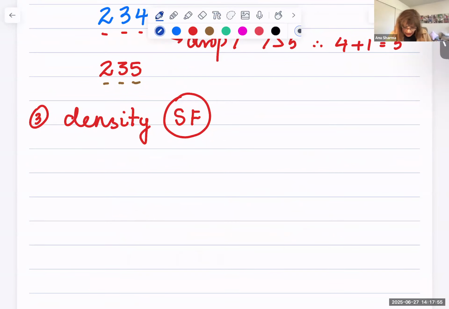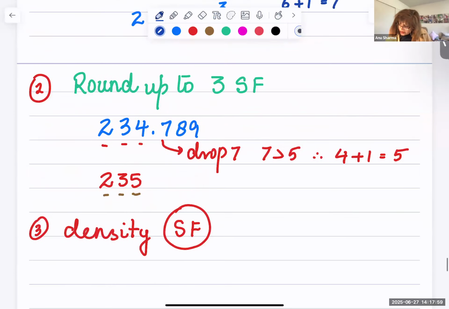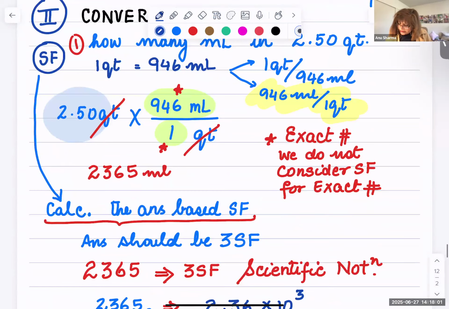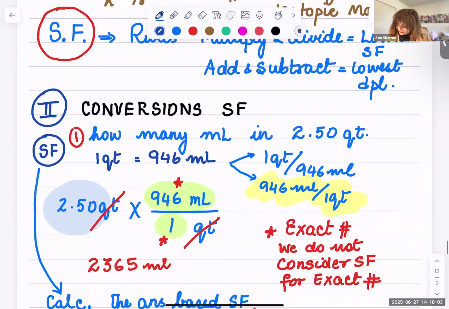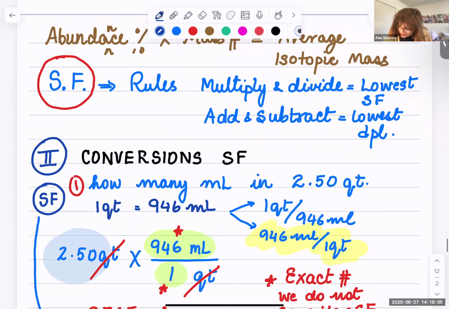And when you are adding, you just make sure that you are using the decimal places. So don't forget these rules. These are not written in your handout, so if you forget them, you should write them down.